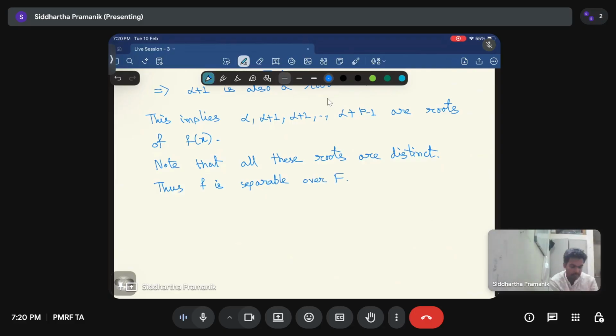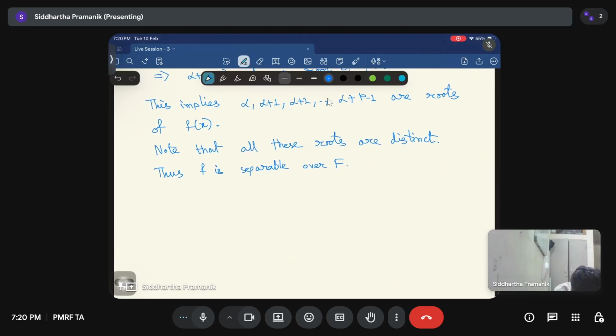In particular, the base field is not important, but it is a separable polynomial because it has all distinct roots, because the degree of f is p and it has p distinct roots. So this proves the separability.